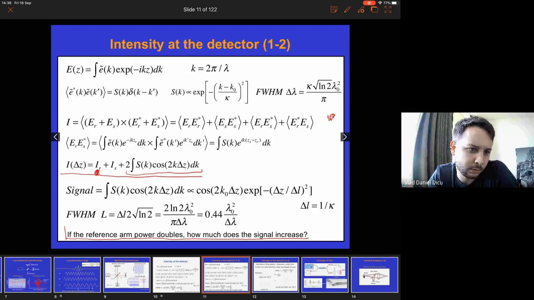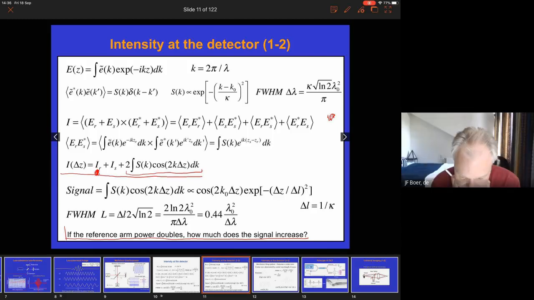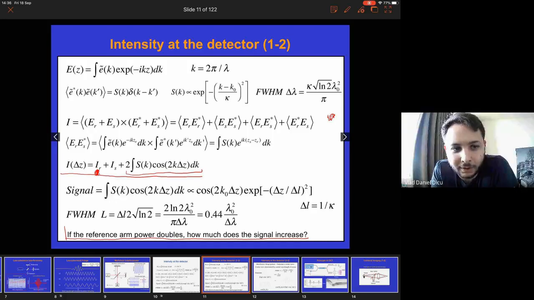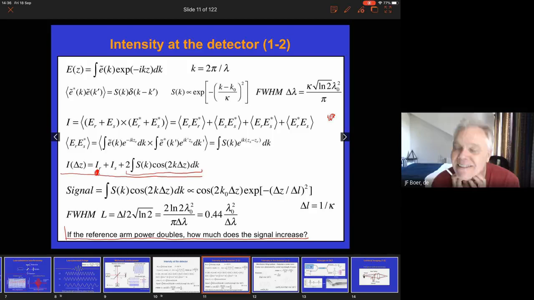So also by 2? Also by 2. What's your argument for the factor of 2? It's because you increased the intensity by a factor of 2.